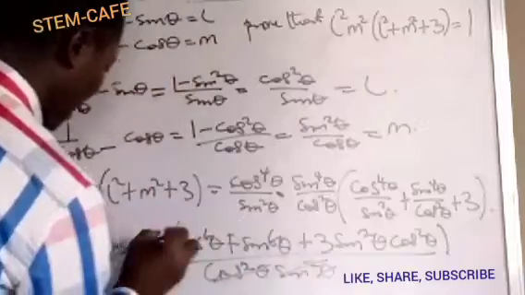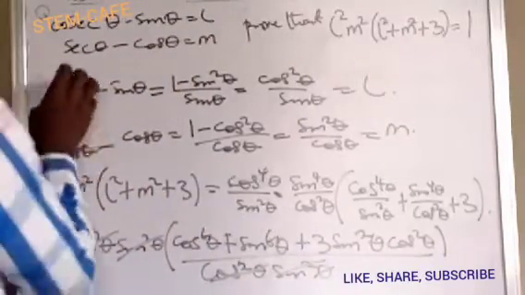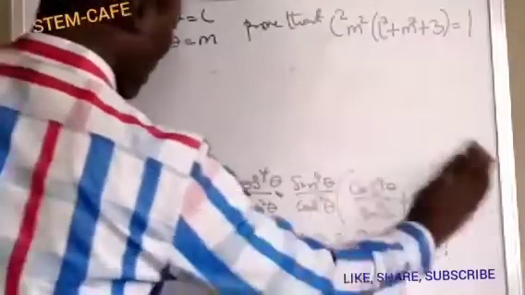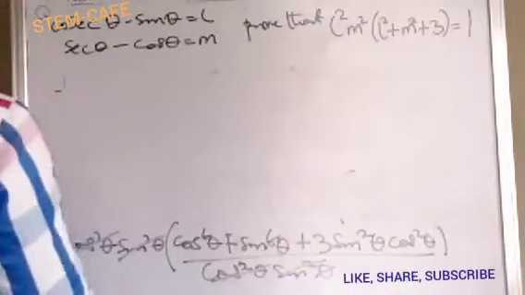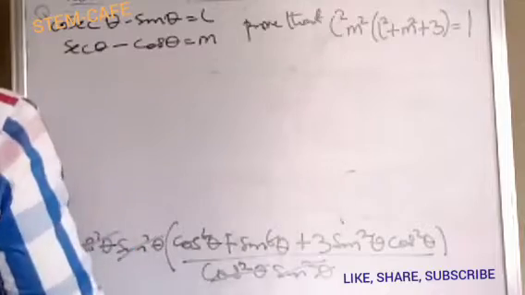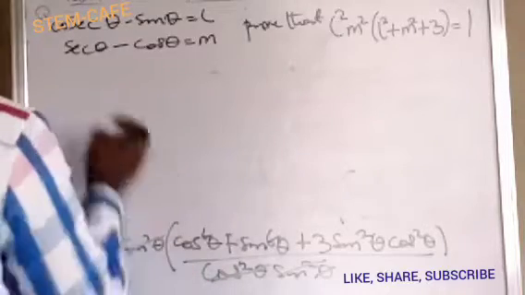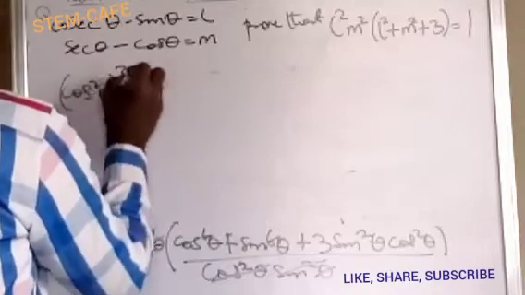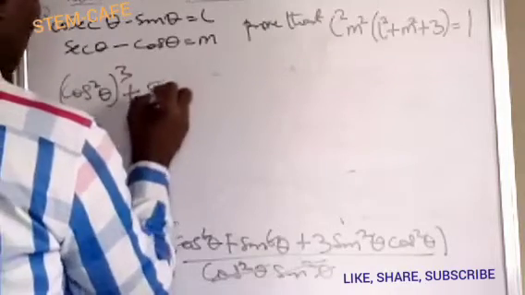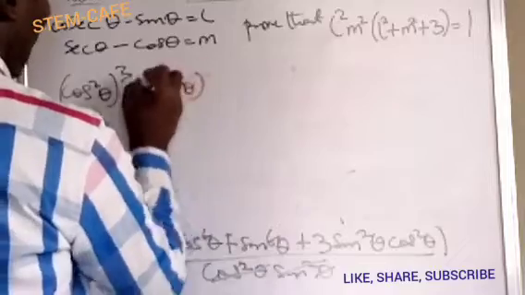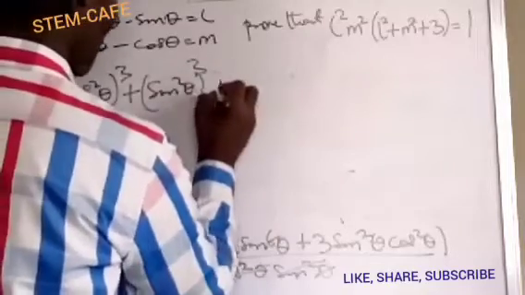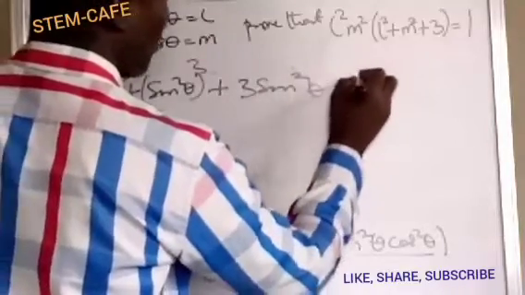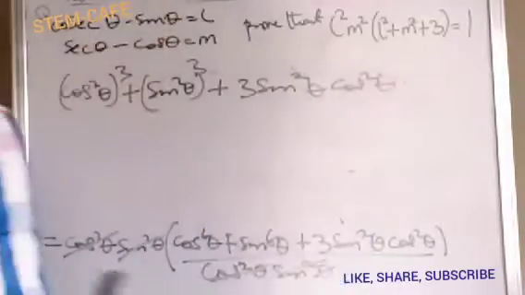So this one cancels this. I'm left with cos raised to power 6 theta. So let me express this as cube: cos squared theta cubed plus sin squared theta cubed plus 3 sin squared theta cos squared theta.